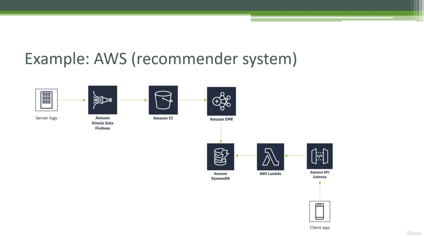And from there, Amazon's Elastic MapReduce service could be consuming that log data from S3. Maybe that contains all the purchase information or all the view information or all the ratings information for the stuff that we want to recommend. And on Amazon Elastic MapReduce, we could be running Apache Spark across an entire cluster that's consuming that data from S3 and creating recommendations based on that data.